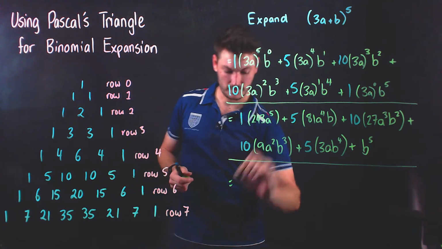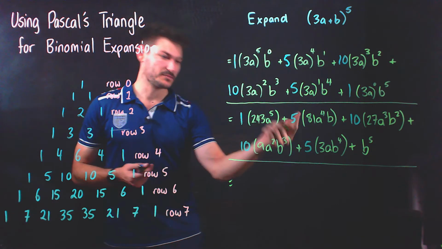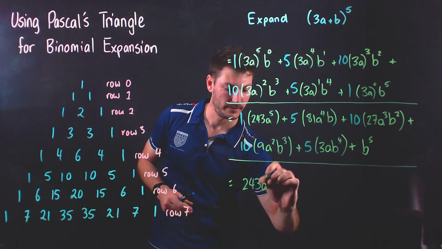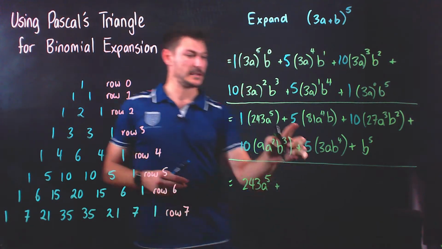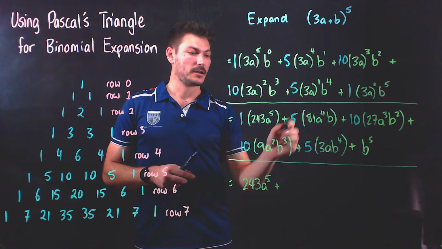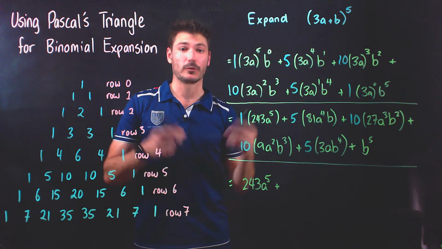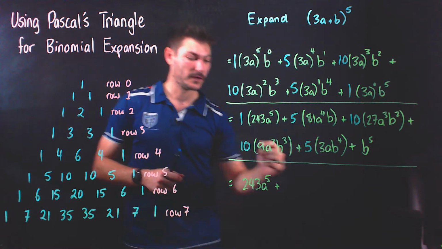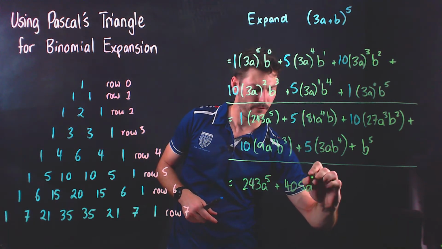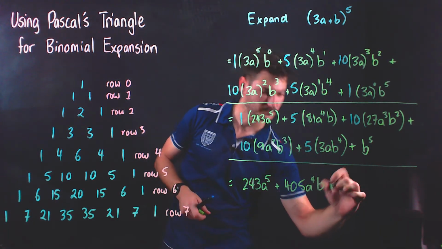So now I should get 1 times this is just it, so 243 a to the power of 5, plus 5 lots of 81. Well, 5 eighties are 400, and then 5 ones is 5. So it should be 405 a to the power of 4 times b.